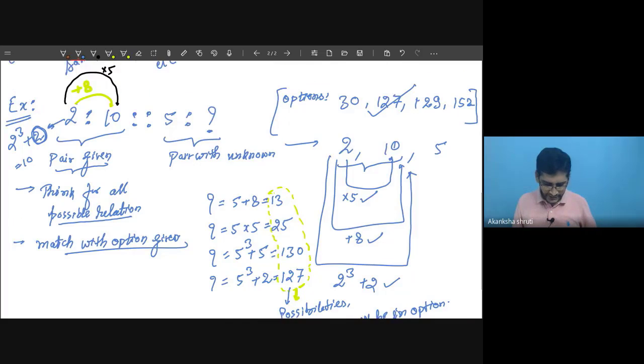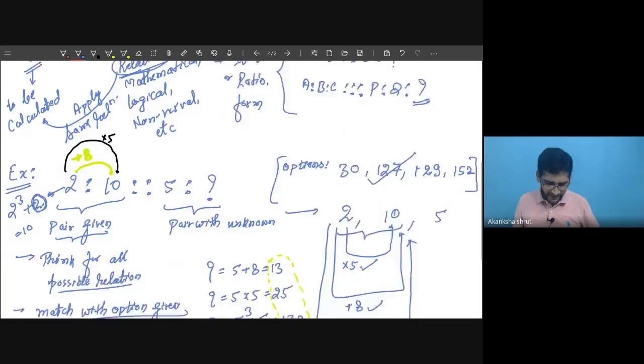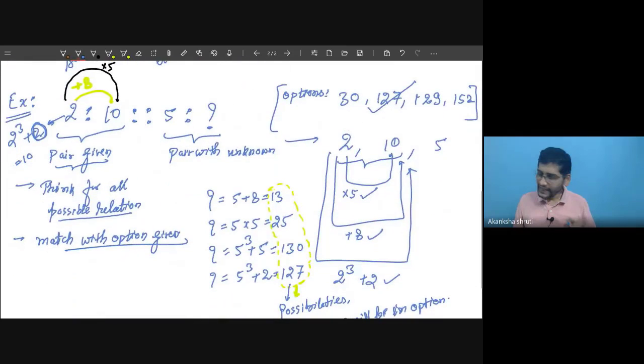So student, this way we have understood that in analogy we have to search for all possible options. So that's why I have marked here, search for all possible relations. So this is the important point. And you have to observe for that option which is given in your answer.